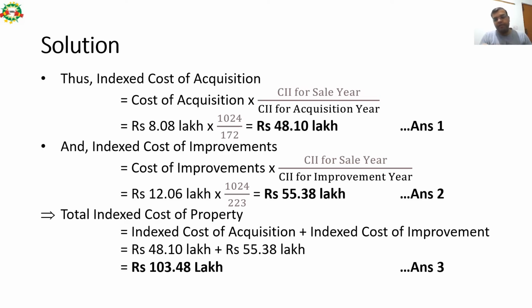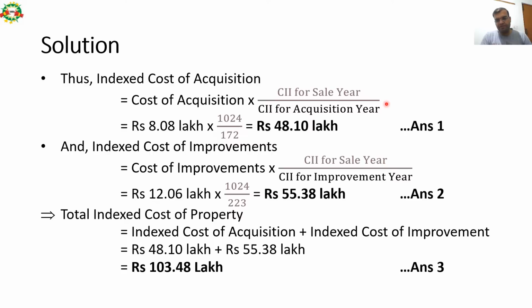Now, after deciding upon the base date of valuation, cost of acquisition and cost of improvement, the third step is to calculate the indexed cost of acquisition and indexed cost of improvement. We have already understood the formula. So indexed cost of acquisition is equal to cost of acquisition multiplied by cost index for sale year.